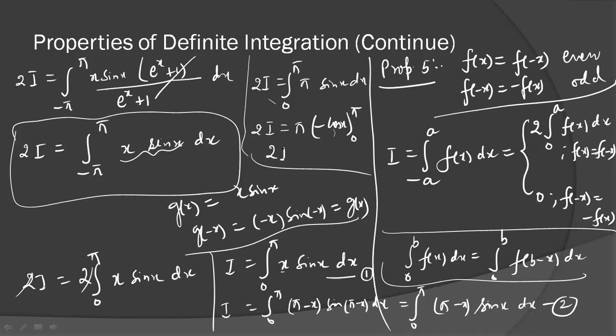If you simplify it, you will get this value is 2. So 2 pi is equal to 2I, which means the integration is equal to pi. So this is a very good problem to understand 2-3 problems simultaneously. Let's see some more examples based on property 5.